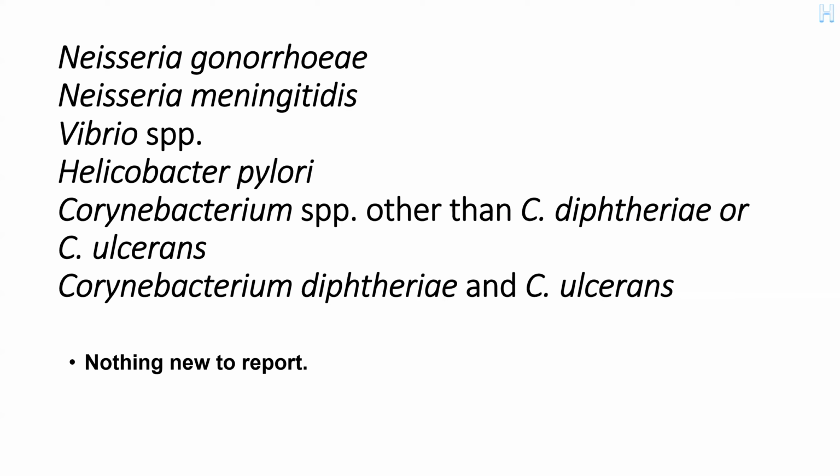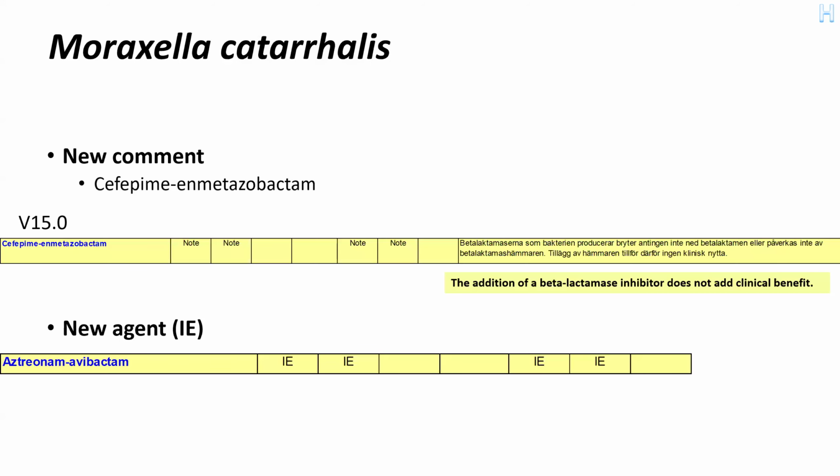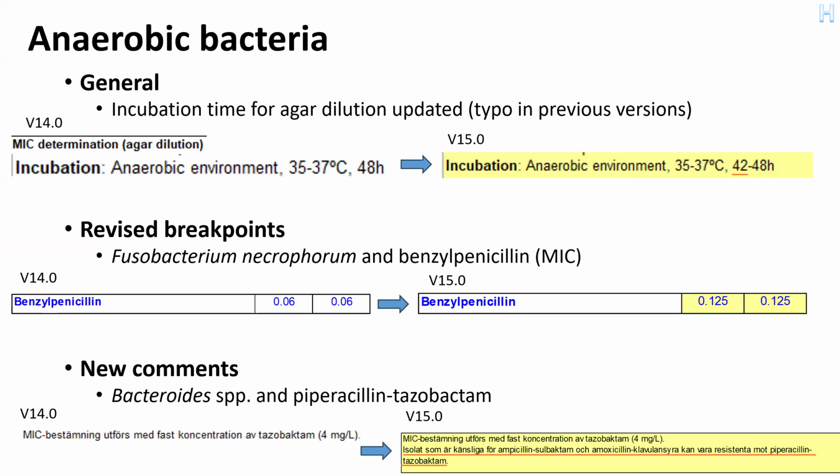Here, yes, so for most there is nothing new to report in the NordicAST table, but when we go to the next slide, you can see that Moraxella catarrhalis has some new changes, but actually these were covered in the general section of this presentation. So I think we can skip to the anaerobes here, where there are very minor changes.